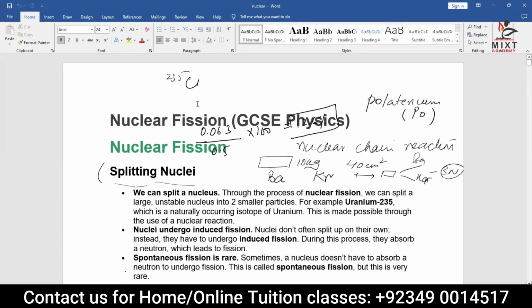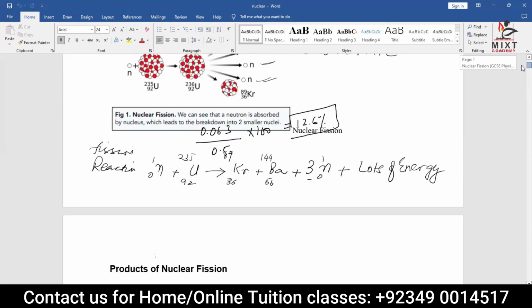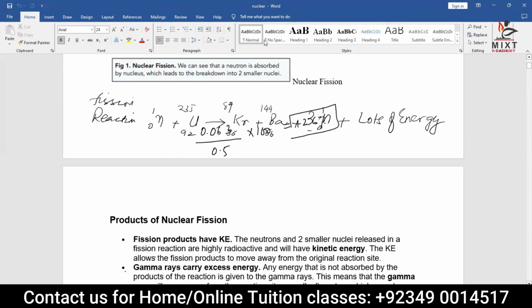And what about in fusion reaction, Manu? Fusion is when two small nuclei become one big nucleus. So they fuse together to form one big nucleus. Then the second difference, or you can say the major difference, is the equation. I want you to write the equation for that.